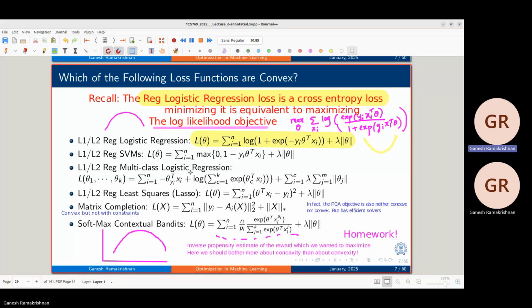So I have a similar question here. For the softmax contextual bandit, you remember this pi came from the inverse propensity estimate of the reward. So we may want to worry more about maximizing than minimizing. The question is, are we interested in maximizing or minimizing?